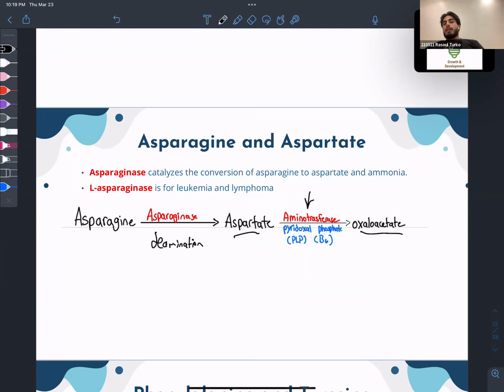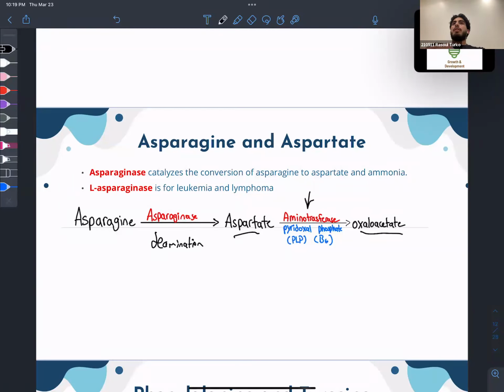Here there's a clinical significance for asparagine. Asparagine is one of the amino acids that cancers need. When someone gets cancer, that cancer needs asparagine to grow.